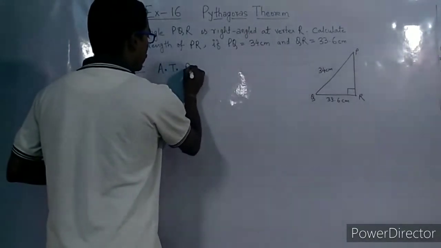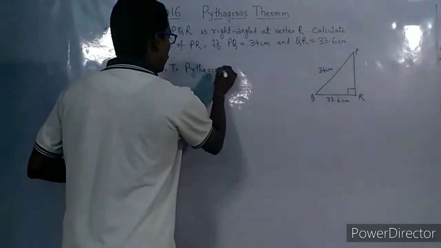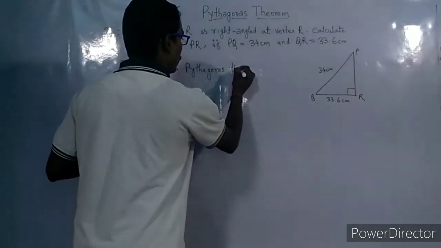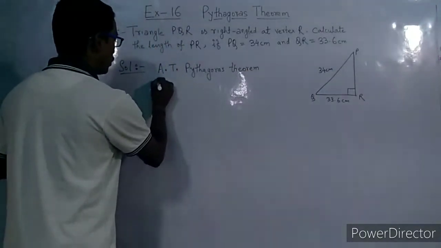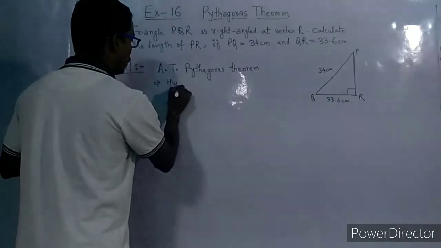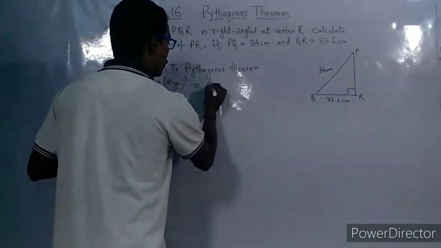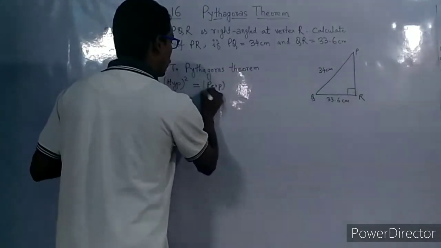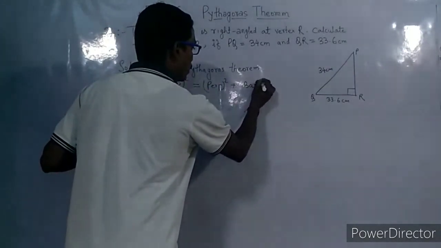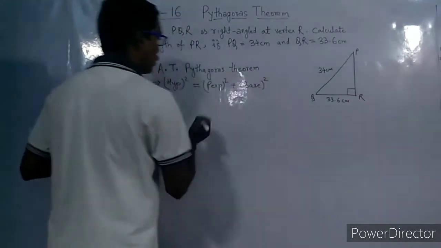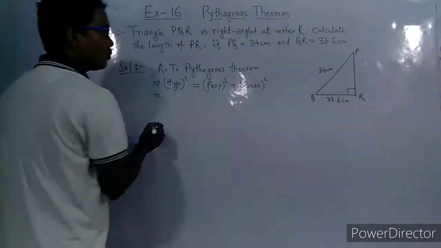According to Pythagoras theorem, hypotenuse square is equal to perpendicular square plus base square. This is the formula. We will write the names of the sides.